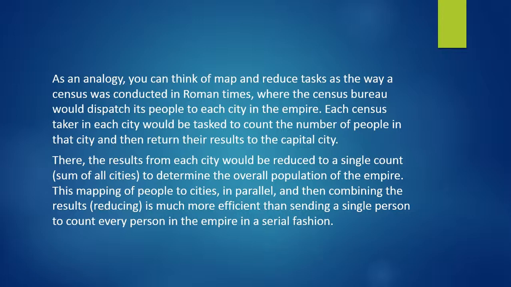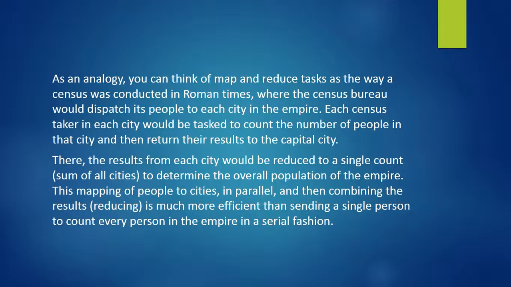So let's take an analogy here. You can think of a map and reduce task as the way a census was conducted in Roman times, where the Census Bureau would dispatch its people to each city in the empire. Each census taker in each city would be tasked to count the number of people in that city and then return their results to the capital city.